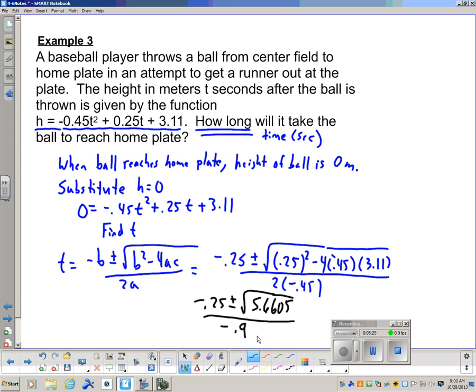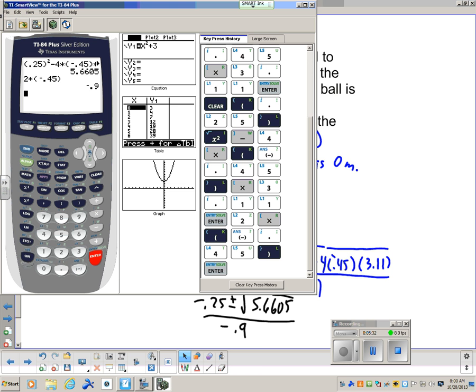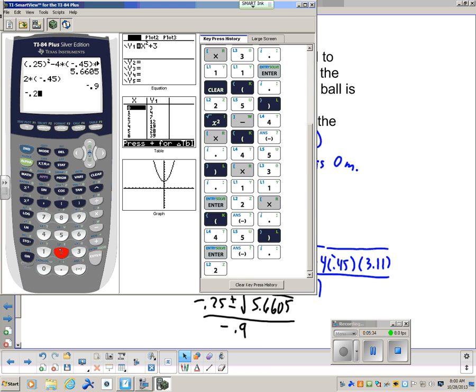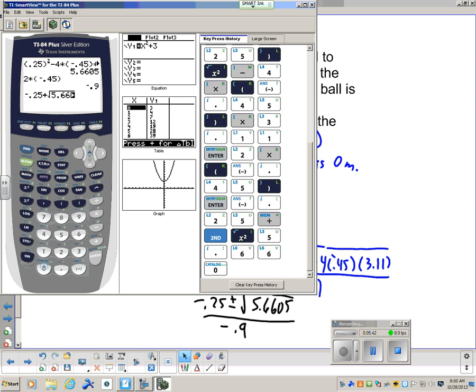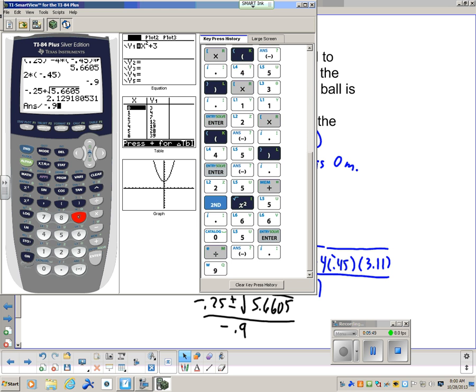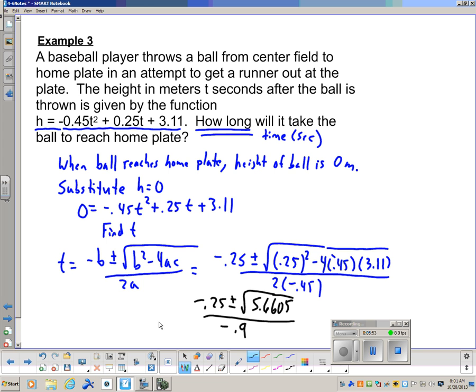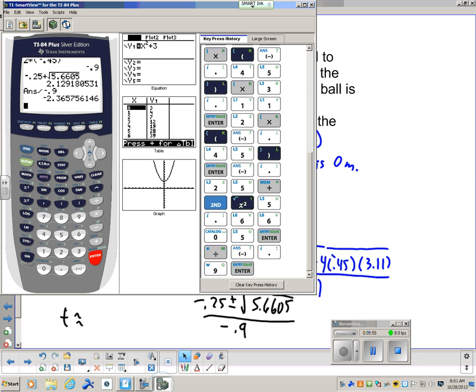So let's figure out those two values. We've got negative 0.25 plus the square root of 5.6605, divided by negative 0.9, equals, and we end up getting t is about negative 2.37.